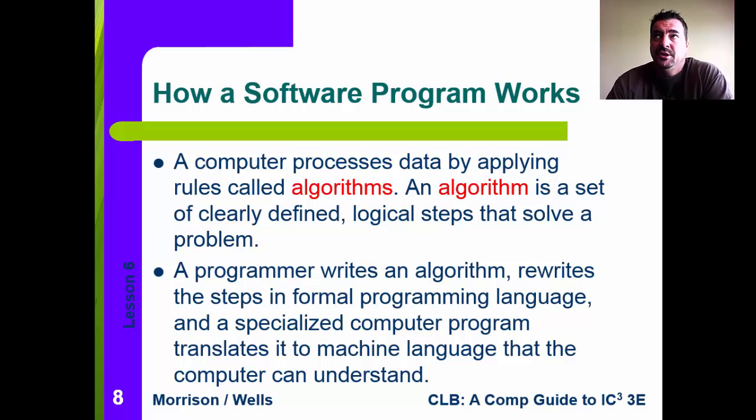We know that machine language is simply a series of ones and zeros, or in the truest sense, it's either electrical impulse on or impulse off. But then the computer understands that and allows the hardware to understand what we're expecting it to do. So recap that: an algorithm is simply a set of clearly defined logical steps to help solve a problem.